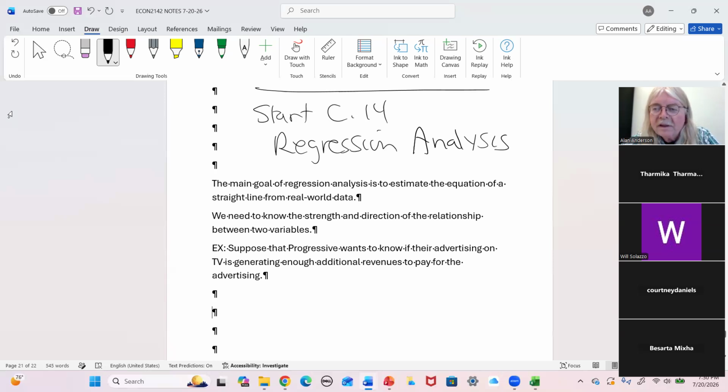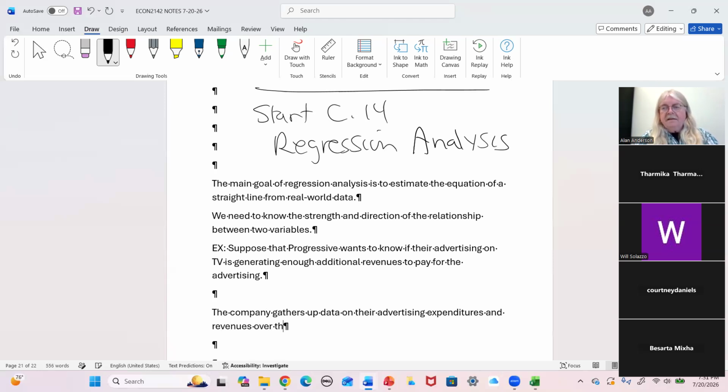So how would they do this? The company gathers up their data on their expenditures and revenues over the past, let's say, 20 years.